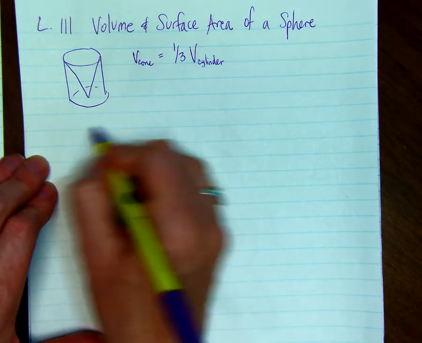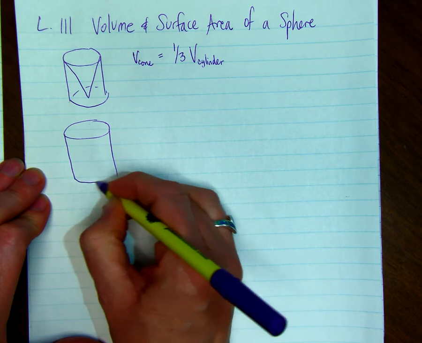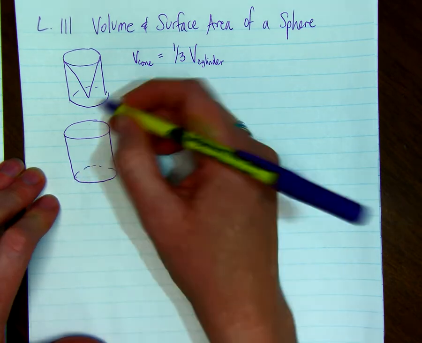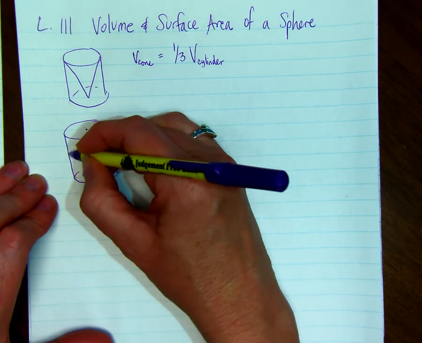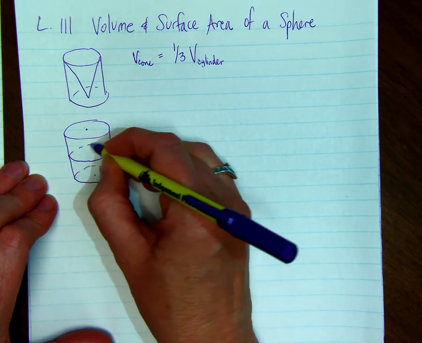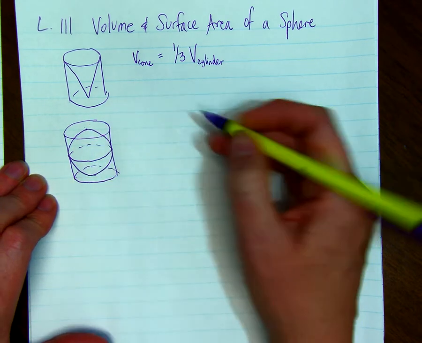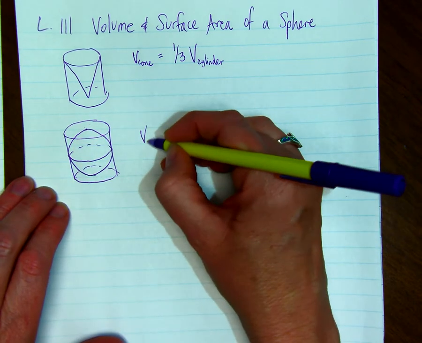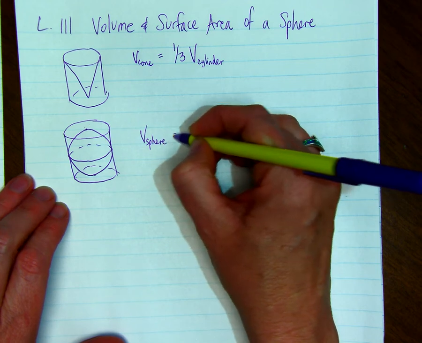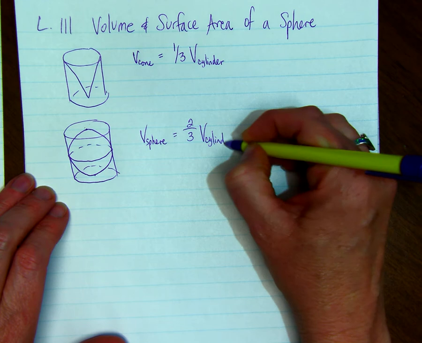Well, a sphere takes up 2/3 the volume of a cylinder that contains it. So the volume of a sphere equals 2/3 the volume of the cylinder that contains it.